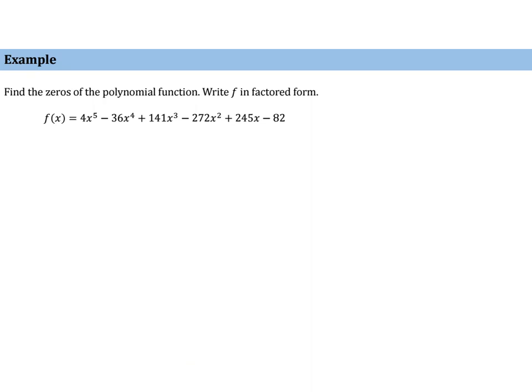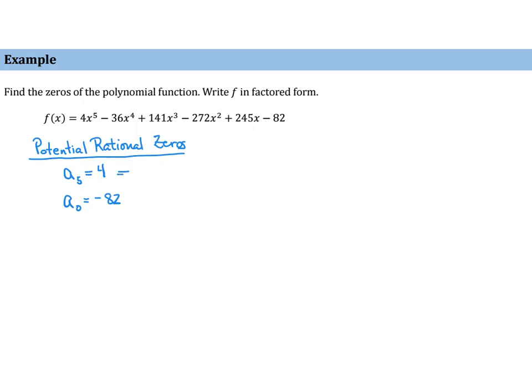So here we want to find the zeros of this polynomial function, and we want to write it in factored form. So let's start by finding the potential rational zeros. So our potential rational zeros, we start by naming our leading coefficient, which is a sub 5, and our constant.